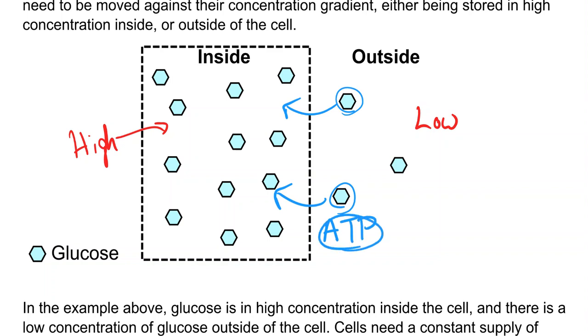ATP stands for adenosine triphosphate. Think of it like this: if you want to go out and do something, you have to pay money in order to do it. Well, the chemical currency inside the cell is ATP. You have to pay ATP. That's the energy that causes things to happen in cells.